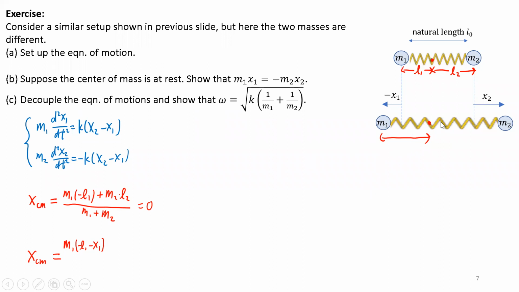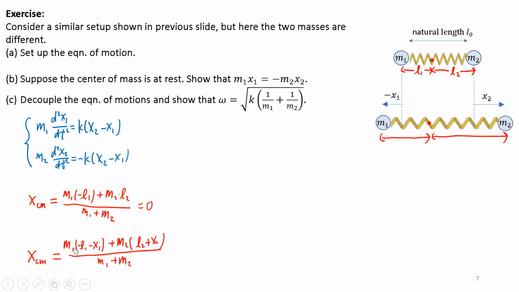And then the other one, this part over here. For the M2, it's M2 times L2 plus X2. Again, divide the whole thing by M1 plus M2.